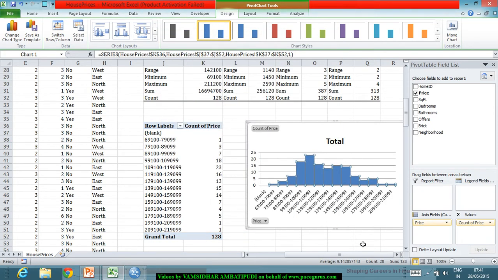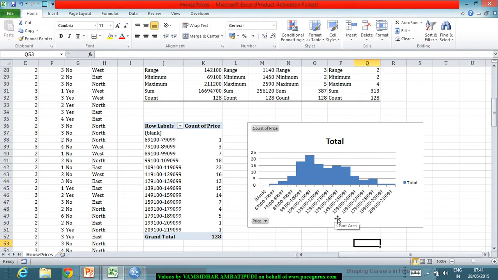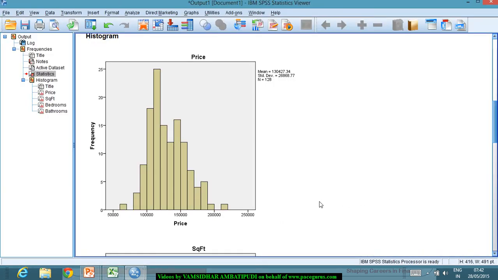Once I don't have any gap, the graph comes more or less like this, representing a histogram. So when I'm doing these kinds of things in Excel, it is a slightly more manual exercise. A similar histogram can be obtained elsewhere, where it is more and more straightforward.